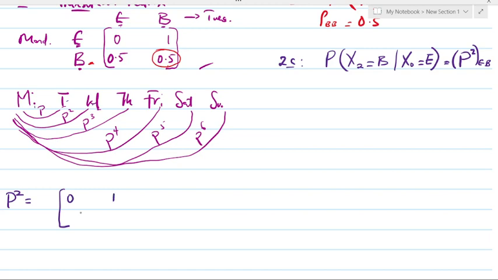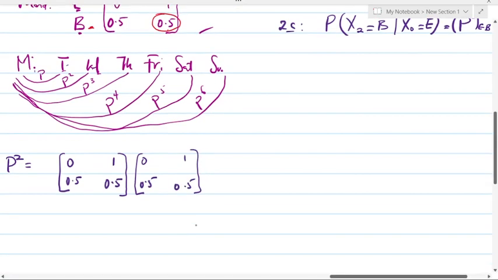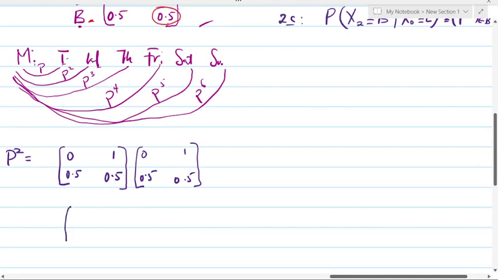That is 0, 1, 0.5, 0.5 times 0, 1, 0.5, 0.5. So multiplying this, following the matrix multiplication rule, you can do this at your own time and check the calculation properly.